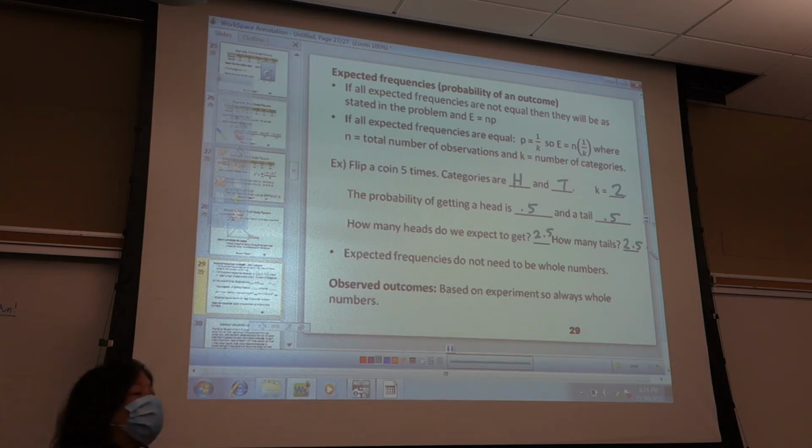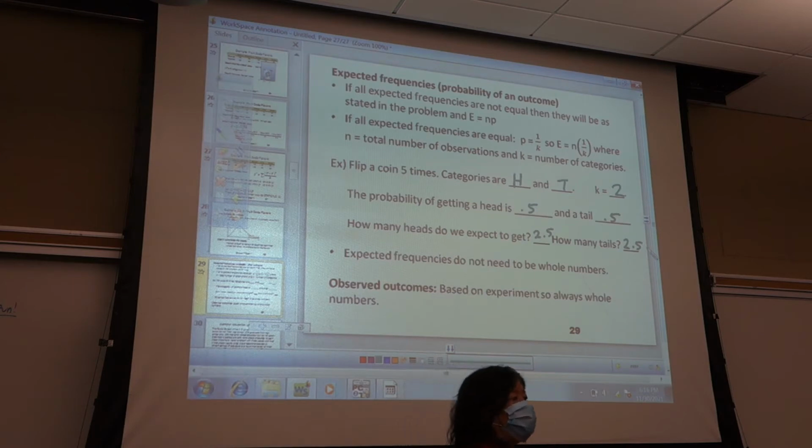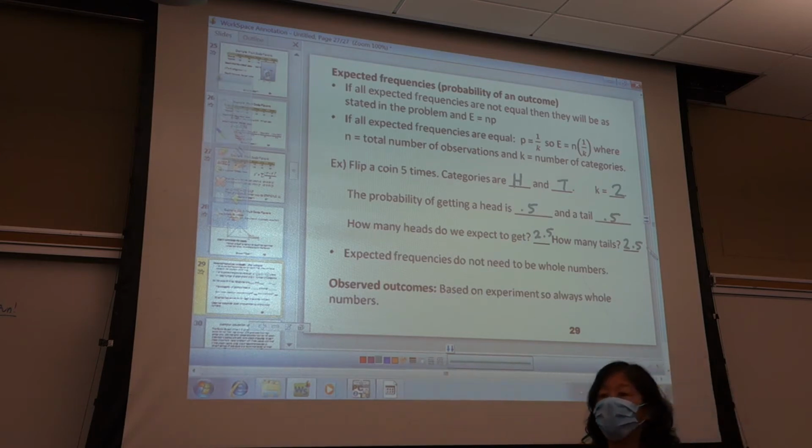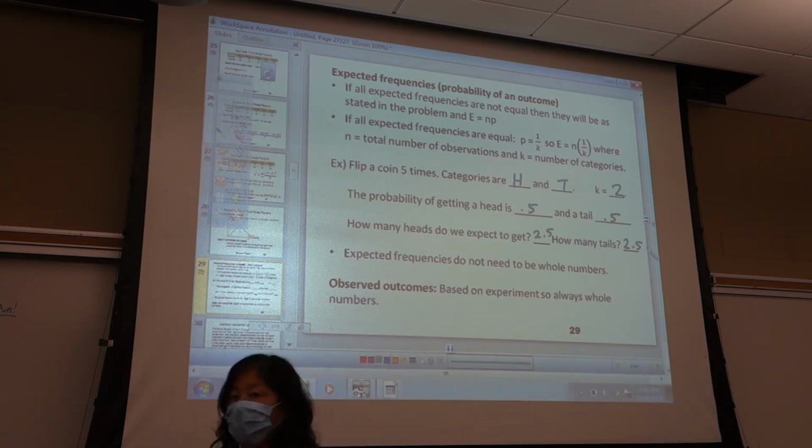Expected frequencies are the ones that you calculate, by multiplying things or dividing things, and they do not have to be whole numbers. Observed outcomes have to be whole numbers. You're never going to observe 2.5 heads. It's going to be either 2 or 3. So what you actually get is always going to be a whole number.